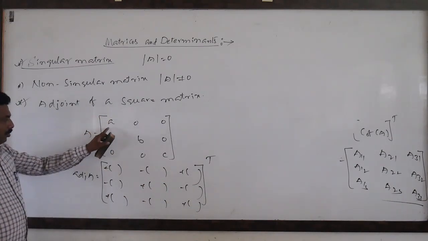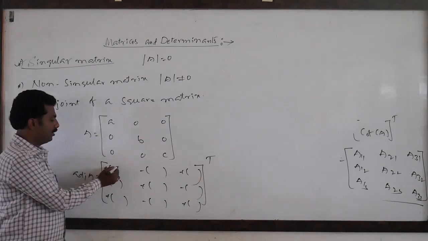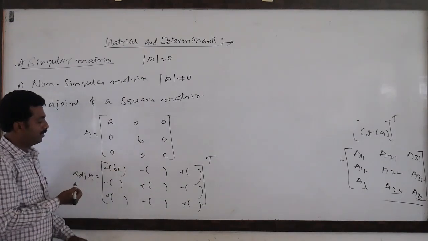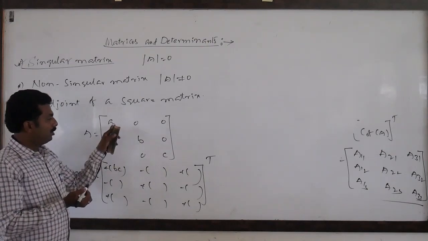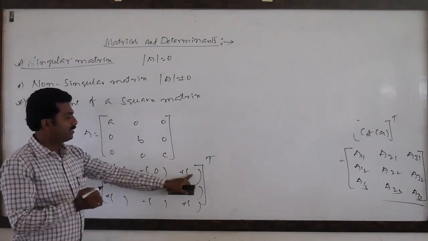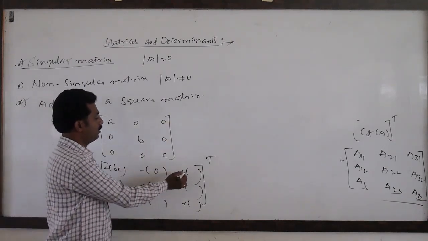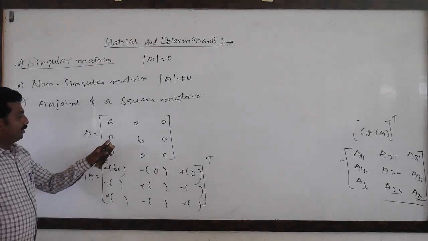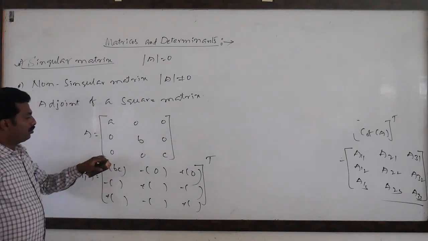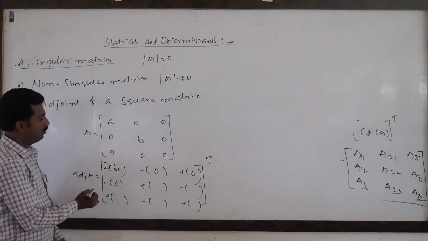You observe, if you close this column and this row, this is BC. Then for this row, this column element, 0 minus BC. Then second row, first column we have to close, that is 0.